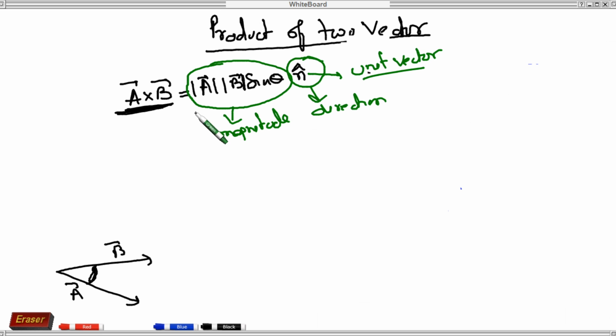So what will be the direction of this new cross product? There is one rule, that is the right hand screw rule, or you can say thumb rule.